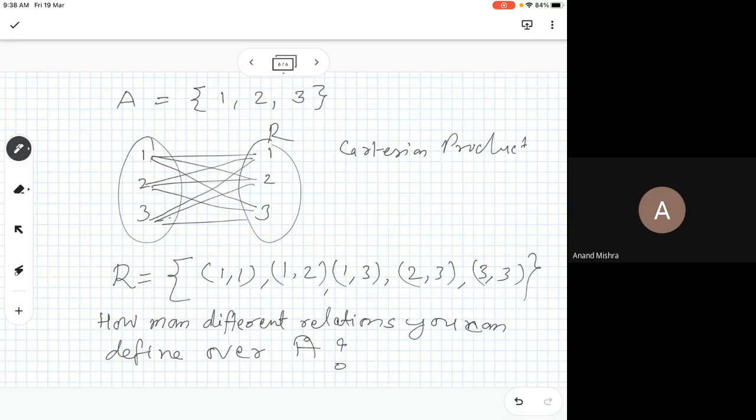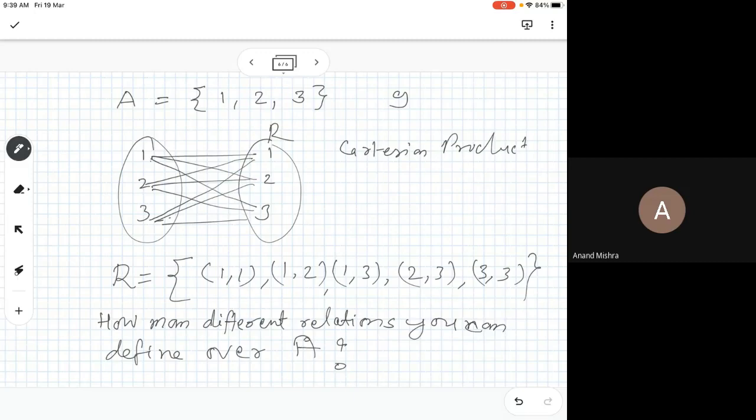Let's look into the answer. So what are people saying? N minus 2, n square. For this particular example, if you have 3 elements, a set which contains 9 elements will be the maximum possible set, the superset.